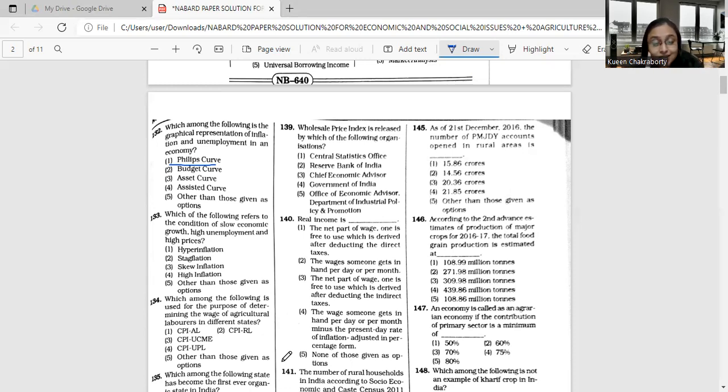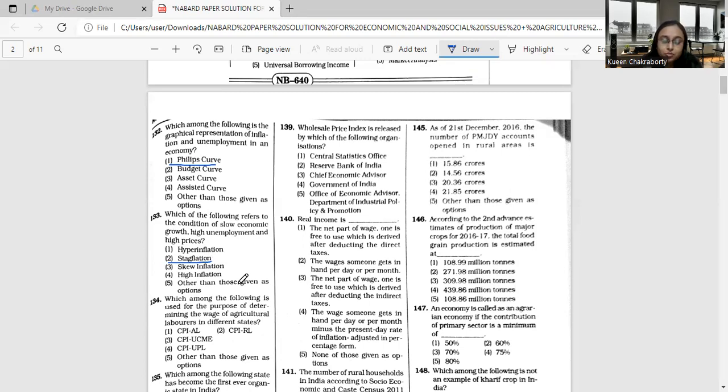It raises a dilemma for economic policy, since actions designed to lower inflation may exacerbate unemployment, and the vice versa can also happen. So accordingly, if you have understood this, stagflation is the correct answer. That is option number 2, the correct answer to our question 133.